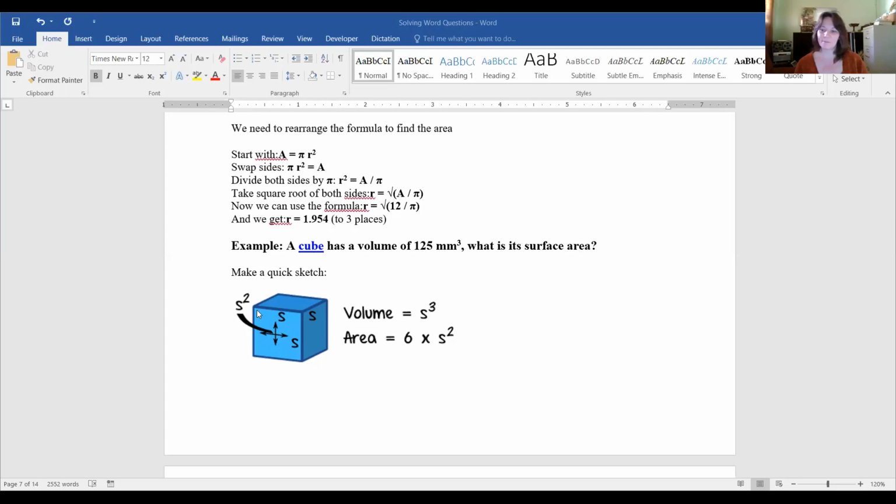Each square has an area of length times width, which is the same thing, the side length. So the area of each of these 6 faces is s squared. Since there are 6 faces, it's 6 times s squared, the area of the outer surfaces of the cube. Okay.